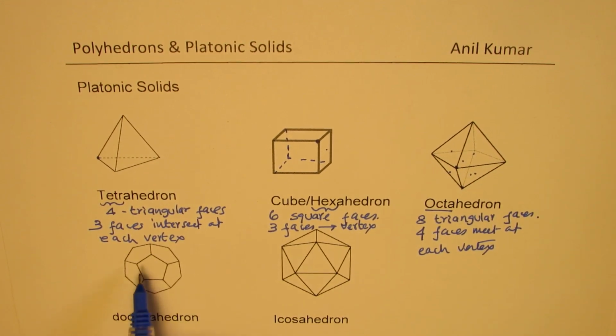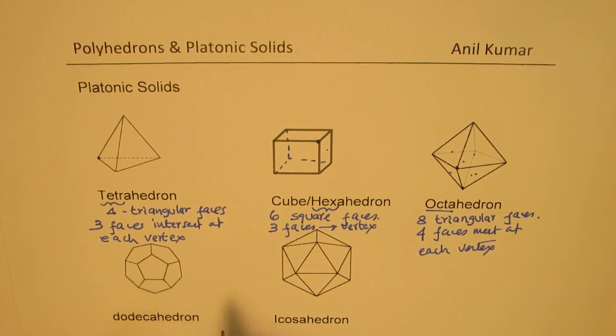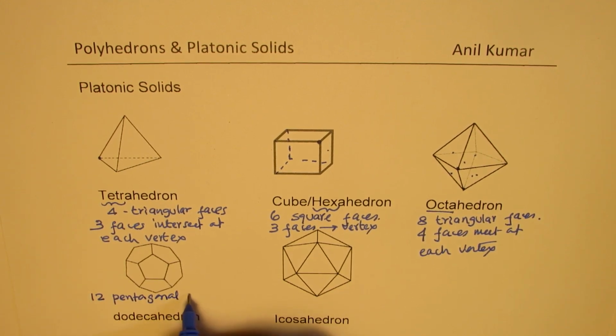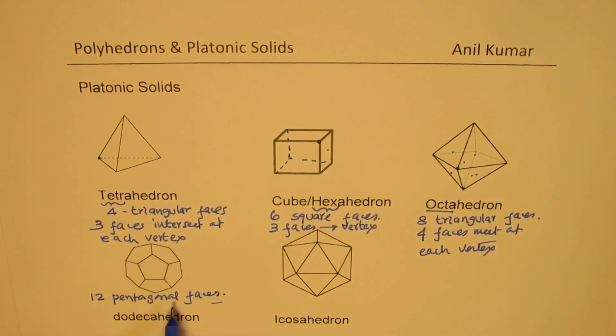The next one, as you can see here, has pentagonal faces. In this particular case, we have 12 pentagonal faces. Twelve gives it a name, dodecahedron. That is 12 faces, each is a pentagon.